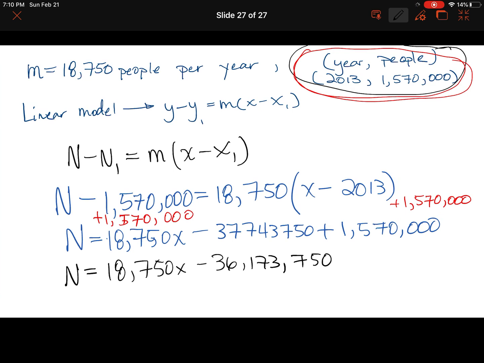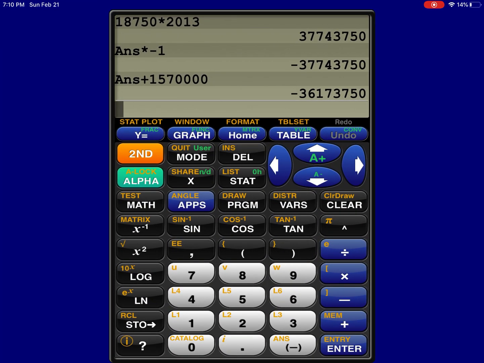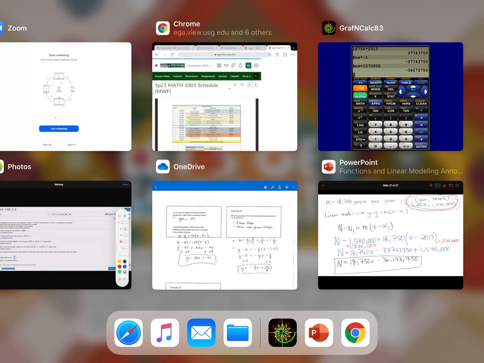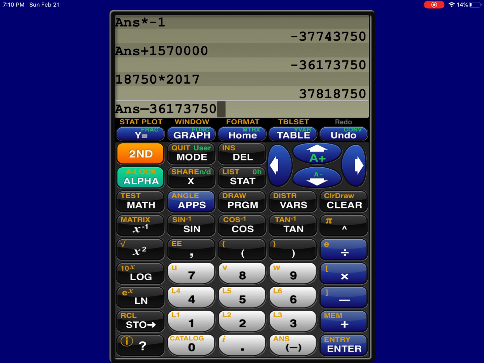People. And then it says in year 2017, how many people can we predict? You would plug in x equal to 2017. So we found our equation: 18,750 times 2017 minus 36,173,750.